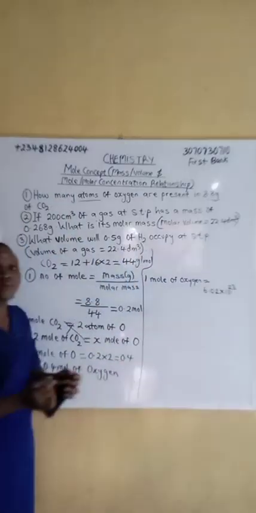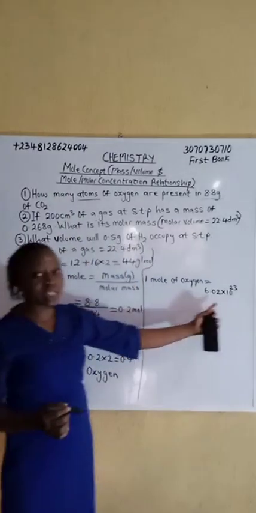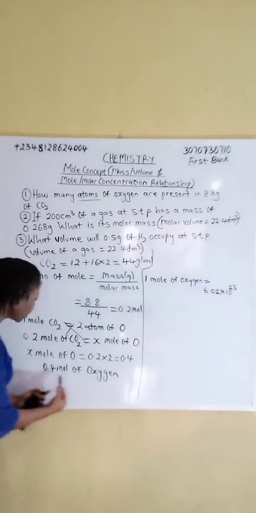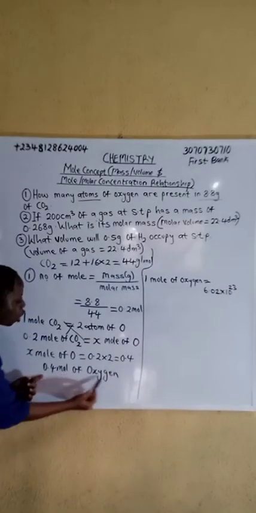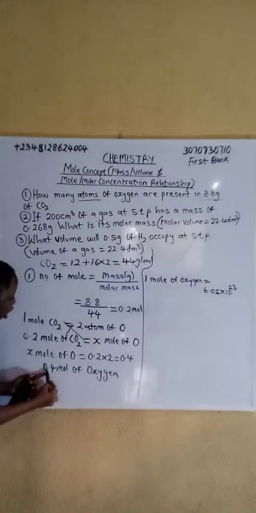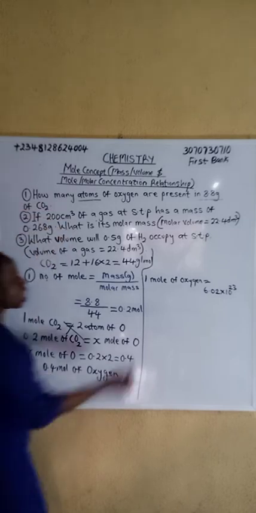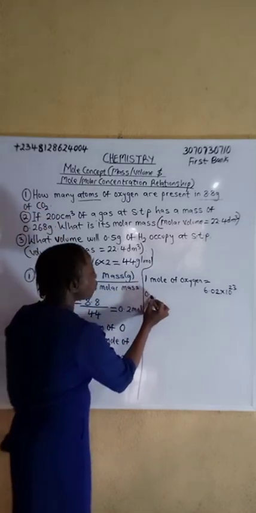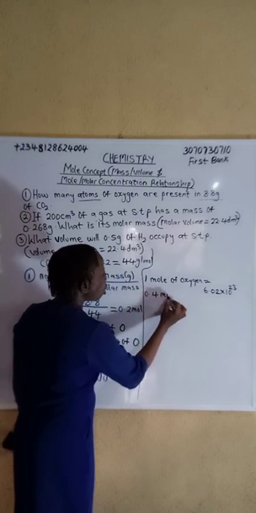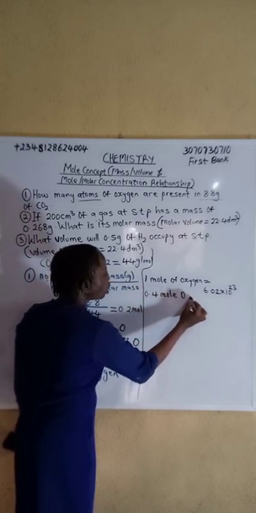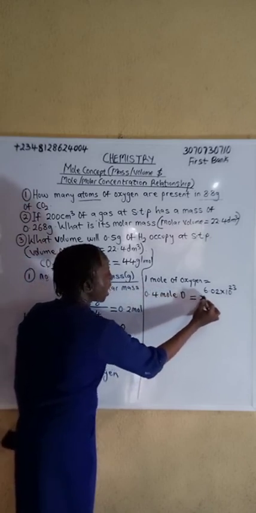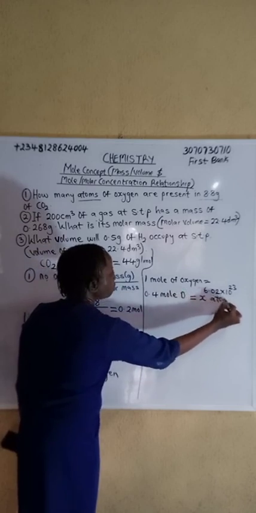This is a constant value. Then we have gotten 0.4 mole of oxygen from carbon 4 oxide. Now you write under mole: 0.4 mole of oxygen will now be equal to X atoms.